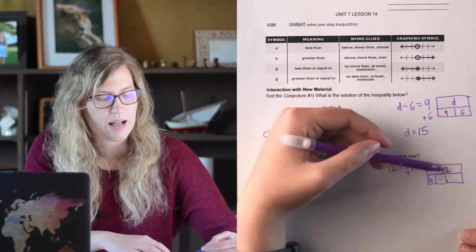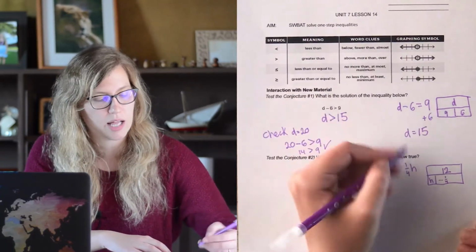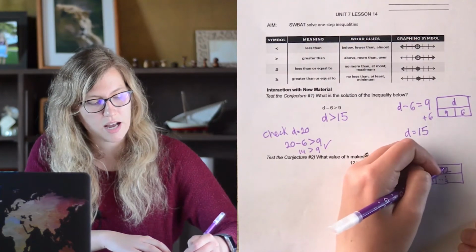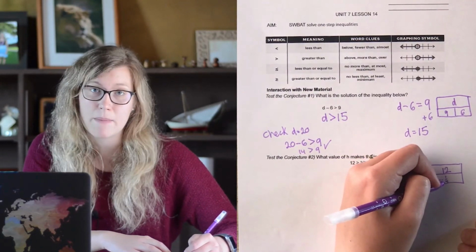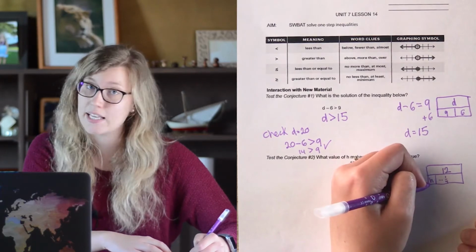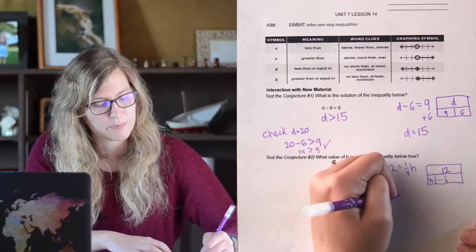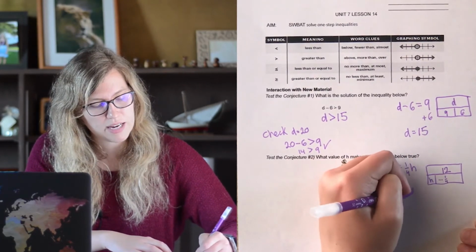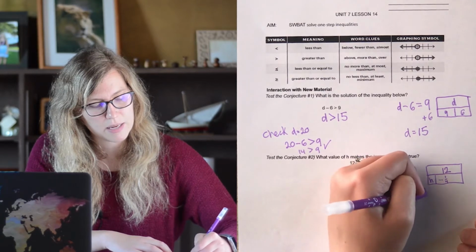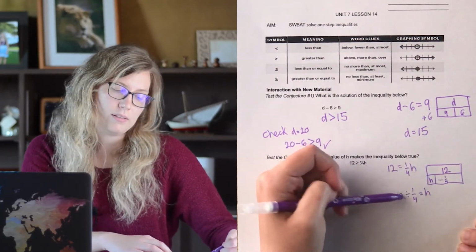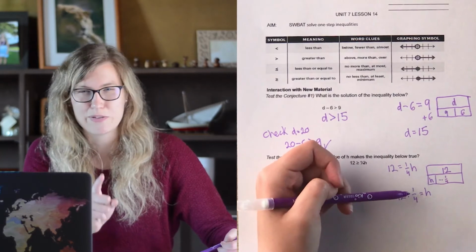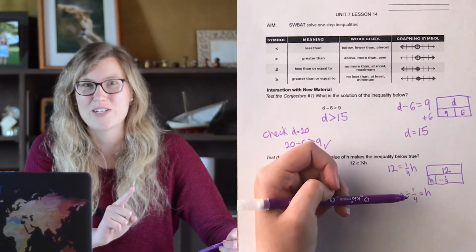So how am I going to find my missing H? Well, I know that a total can always be divided by my number of groups to get my size of groups, so I can actually divide. 12 divided by 1/4 equals my H. Well, how do I divide with fractions? You guys remember this from back in Math CR.